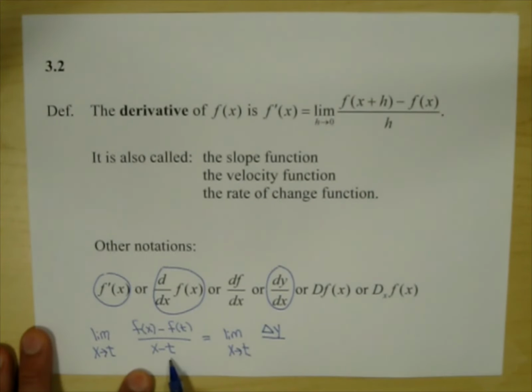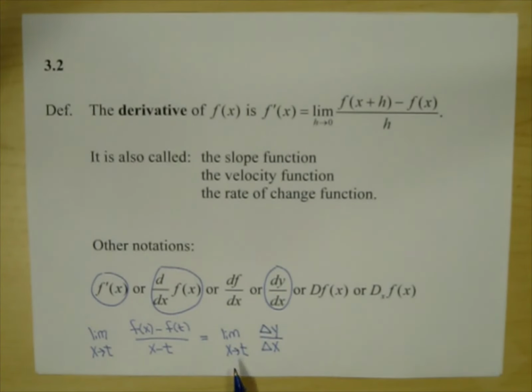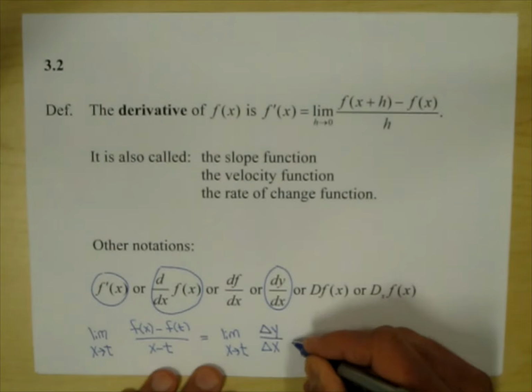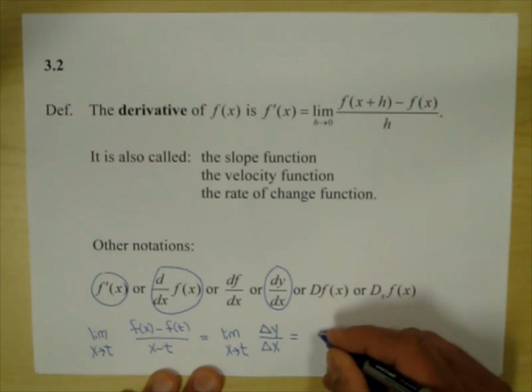And then those are x values, or those were times. But we'll call them x values. That's the change in x. So we are taking the limit as x approaches t of change of y over change of x. And that's perhaps why or how this notation came to be, because once you finally take the limit, you have a dx.